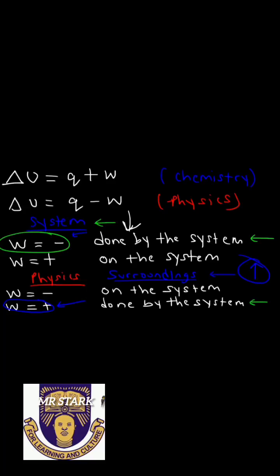But in this video, I'm going to take the system's perspective. So going back to this equation, delta U is Q plus W. You need to know that Q is positive whenever the system, meaning the reactants and the products, absorbs heat energy. So anytime heat flows into the system, heat energy is absorbed by the system, so Q is positive.